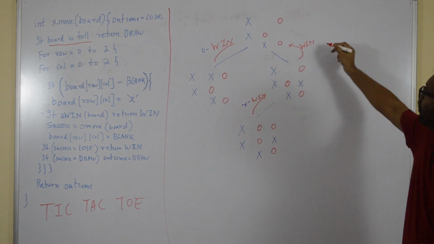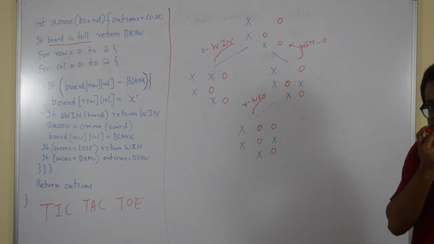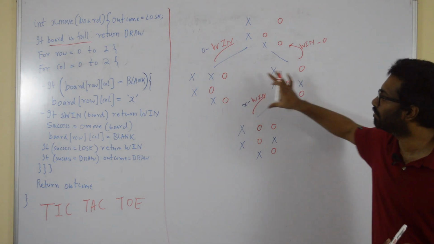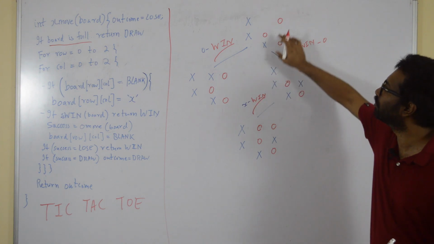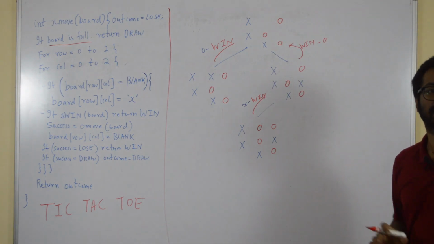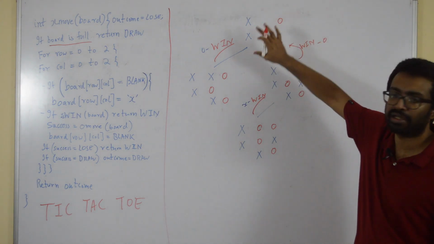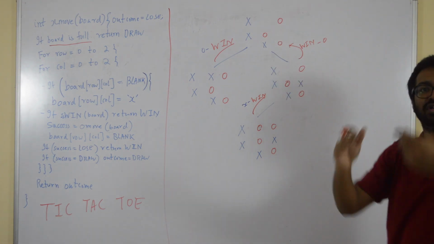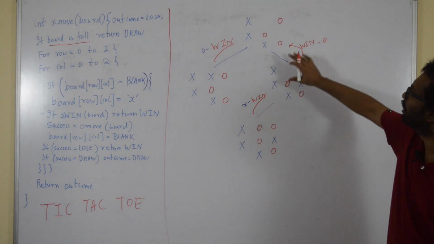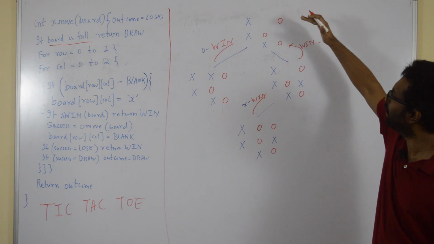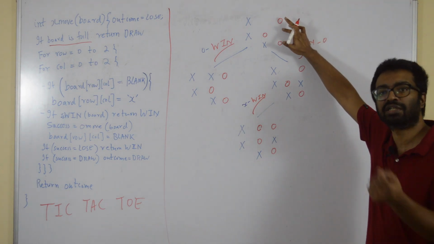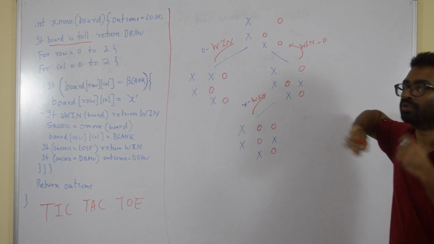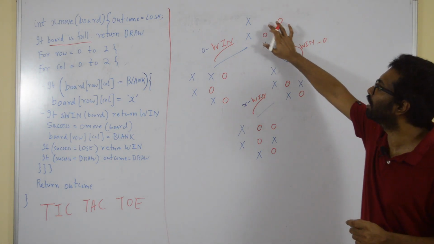What win is this? This is an O win, right? So it's a win for O, and then the xmove function which called sees that if I play x here, it's a win for O. So the X player realized that I can't play here or here.